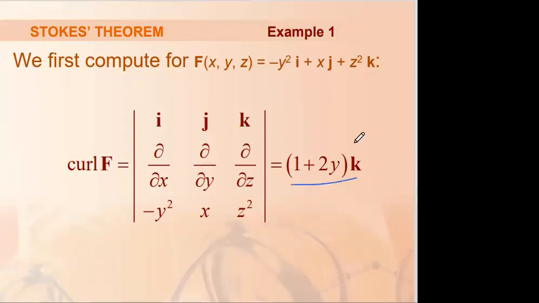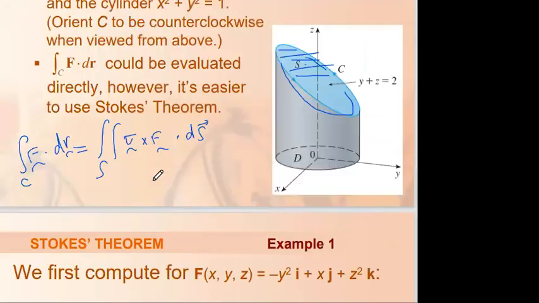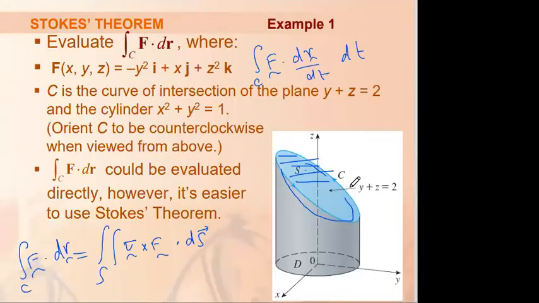You get a k component. This is the curl. And what is my surface? The surface is this one. This is the same as the surface integral started with the normal vector. A unit normal is much better.